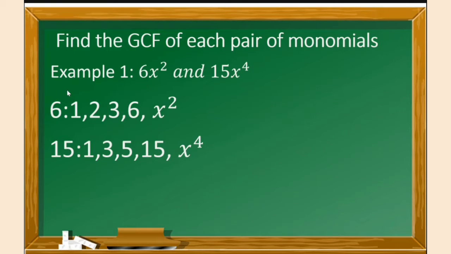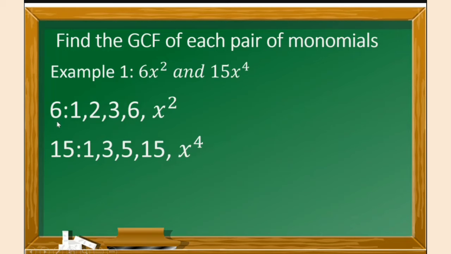First, let's put 6 and 15. What numbers are possible factors of 6? 6 and 1, possible, because 6 divided by 1 is 6. How about 2? Possible. 6 divided by 2 is 3. How about 3?